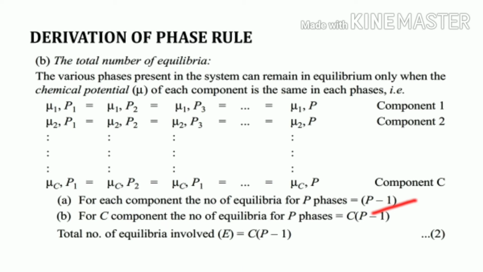If we go on like this, we find that for P phases the number of independent equilibrium equations required is equal to P minus 1. So for C components, the number of equilibria for P phases is P minus 1 multiplied by C. Therefore, the total number of equilibria involved, E, is equal to C into P minus 1. Let us call this equation number 2.